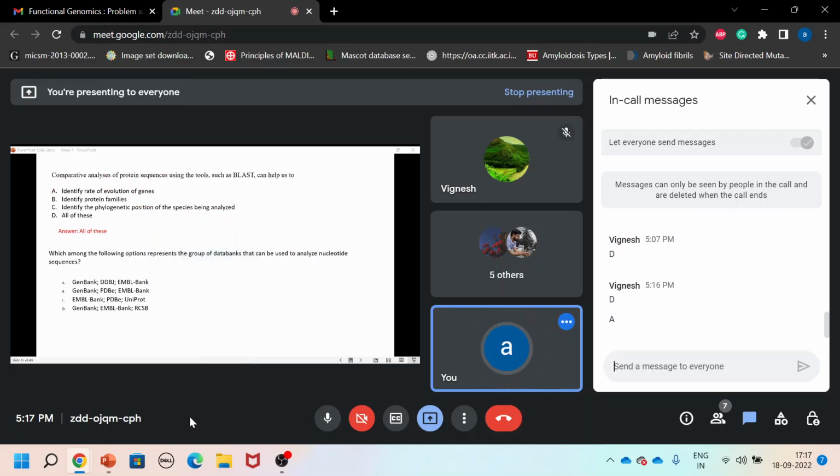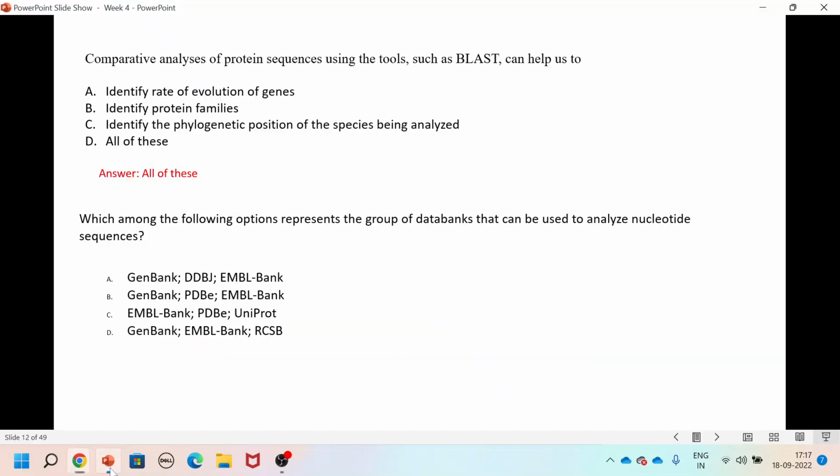Okay, option A. Anyone who would like to tell what is PDB, what is UniProt, if they are not databases or data banks used for nucleotide sequences? Okay.